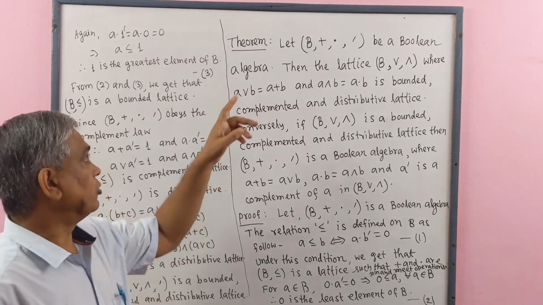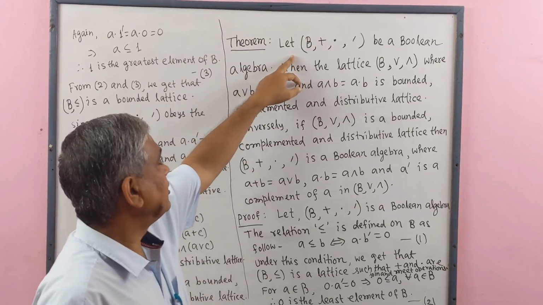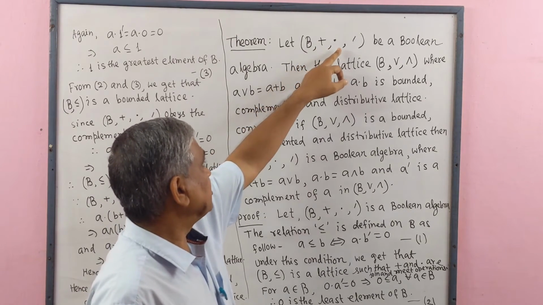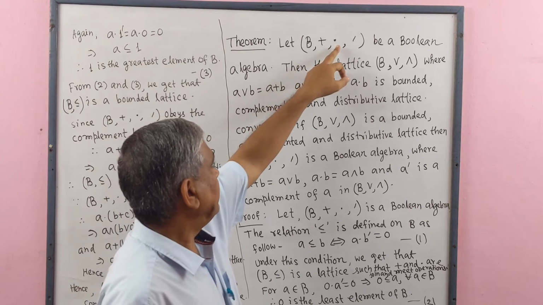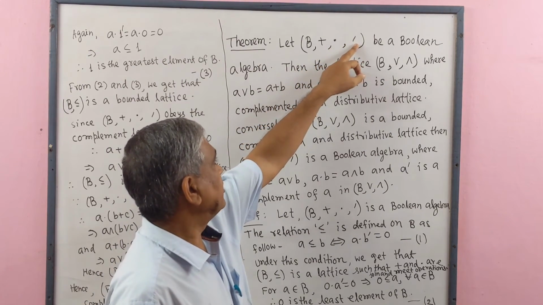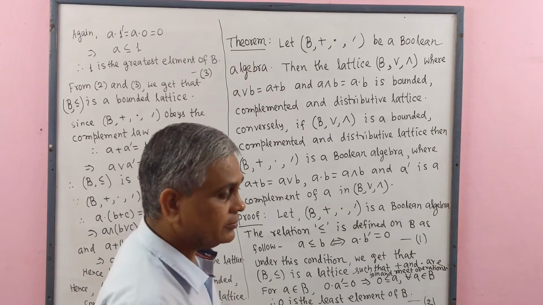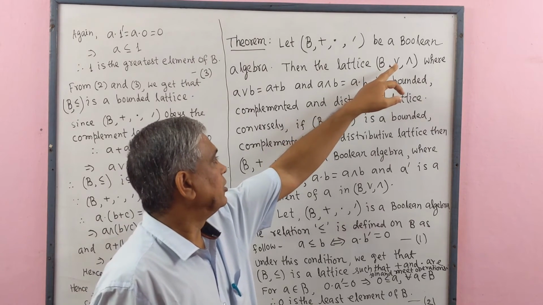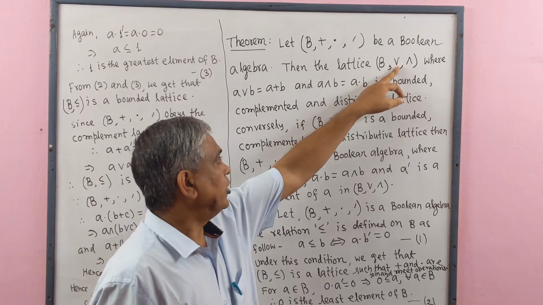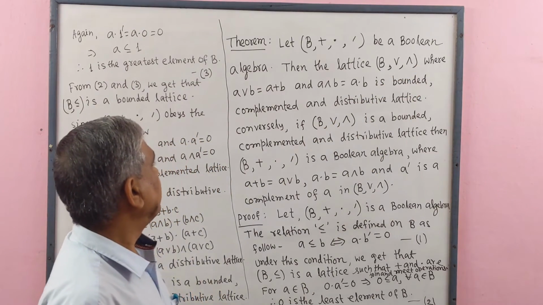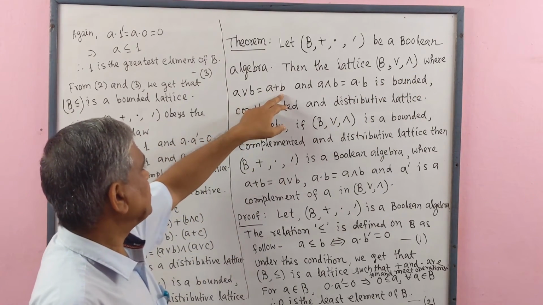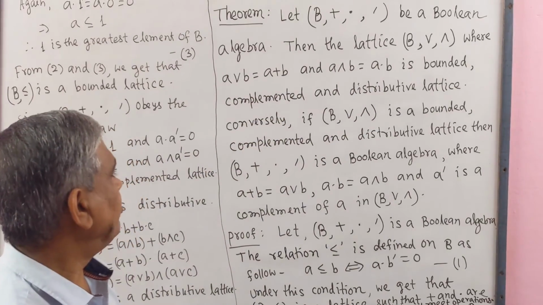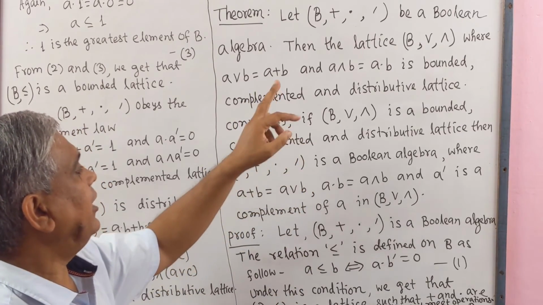Now we prove a theorem. The theorem is: let B with binary operations plus and dot and unary operation complement be a Boolean algebra. Then the lattice B with operations join and meet, where A join B equal to A plus B and A meet B equal to A dot B, is a bounded, complemented and distributive lattice.